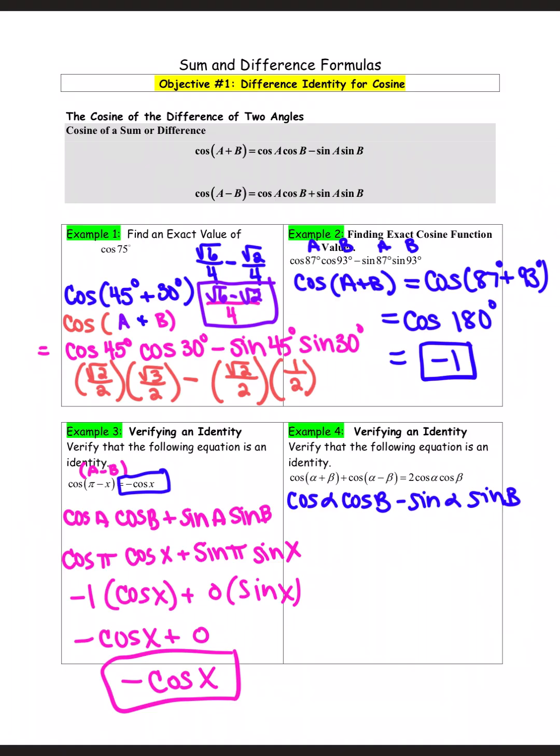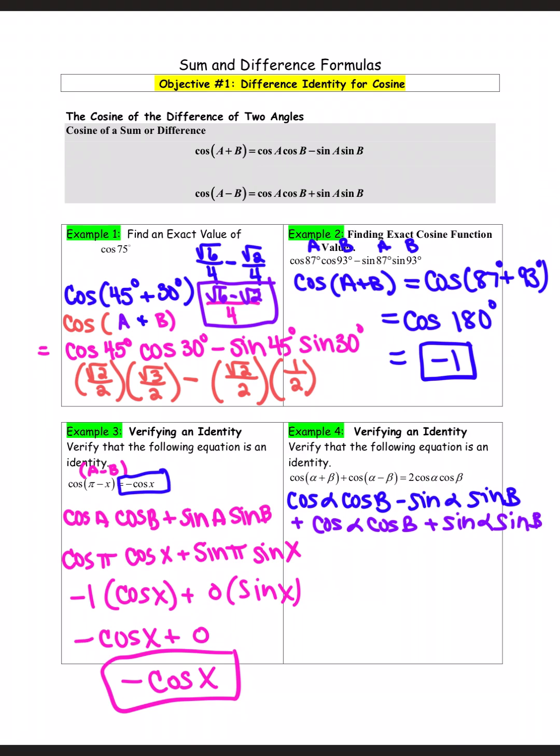cosine of alpha minus beta. So then we have plus, our A is alpha and our B is beta. So we're using the cosine of A minus B formula. So we have cosine of alpha, cosine of beta, plus sine of alpha times sine of beta.